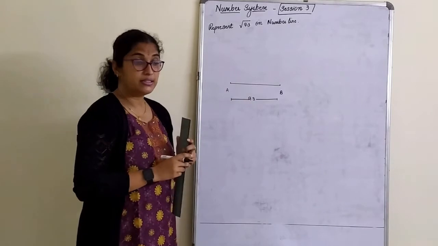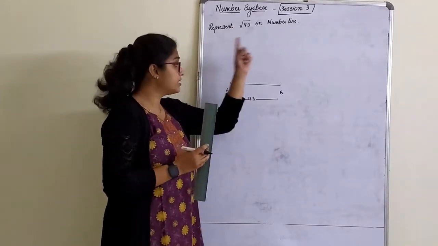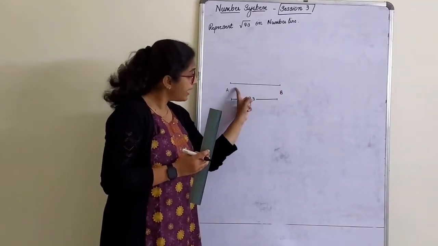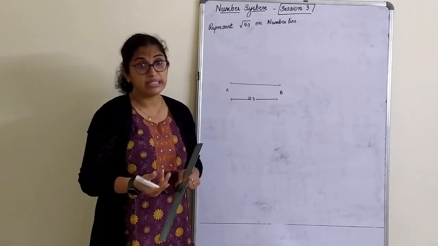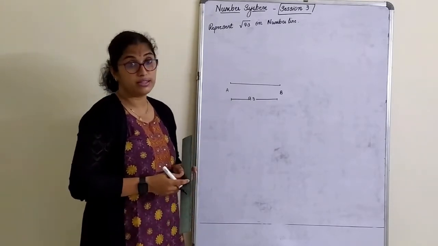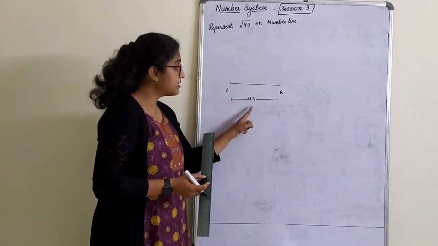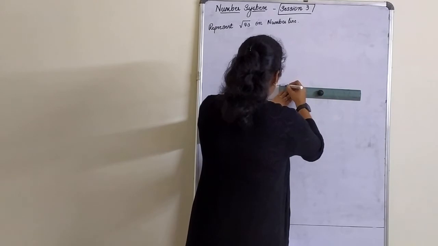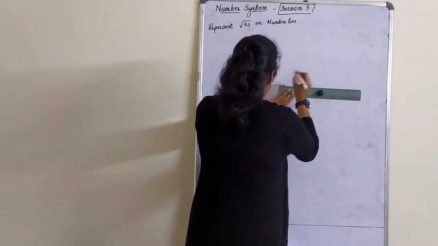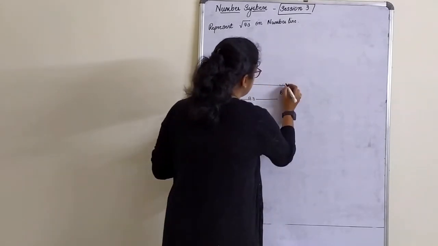Then after this, it is a rule. For this type of number line, we have to extend this AB line by 1 centimeter. Why 1 centimeter? That's a rule of construction. So this AB is 9.3. Now what I do is extend this line AB by 1 centimeter.